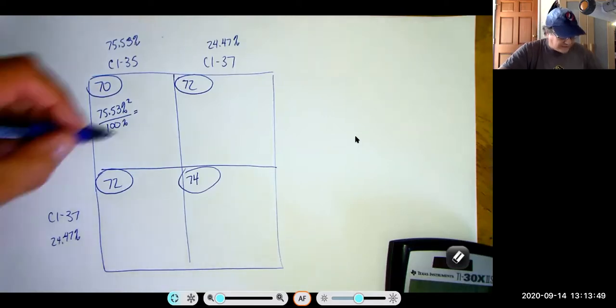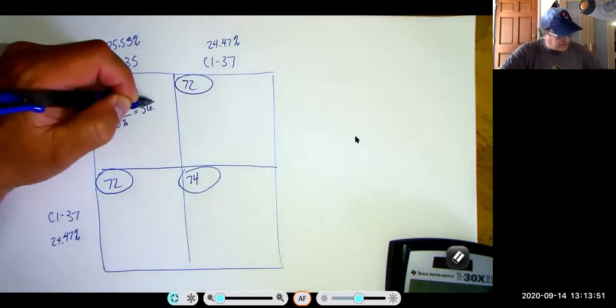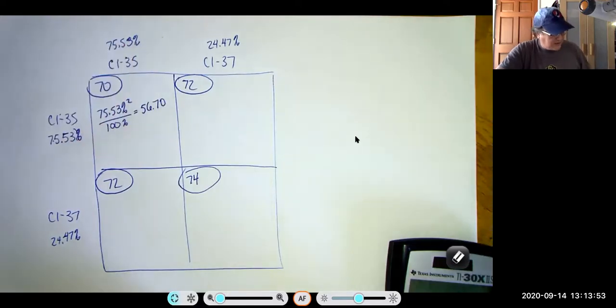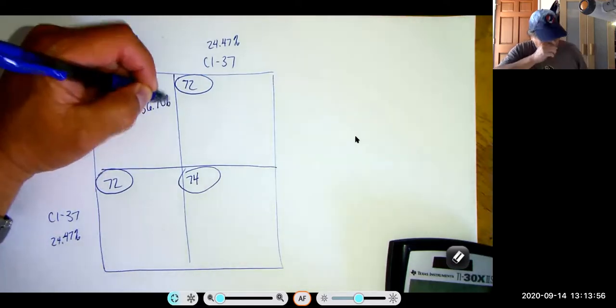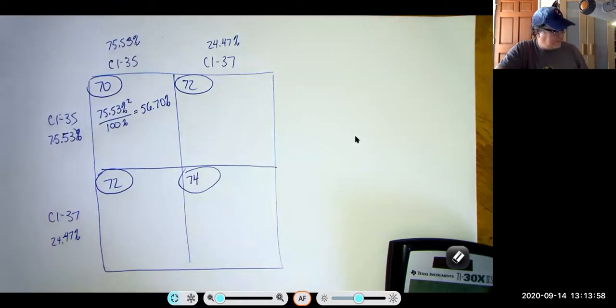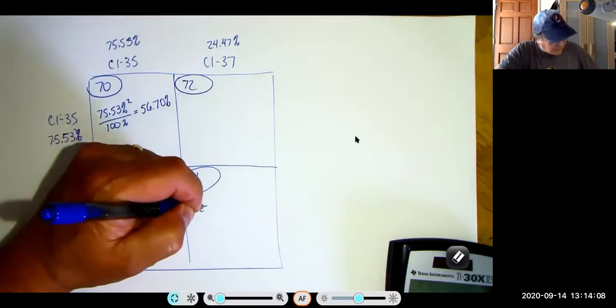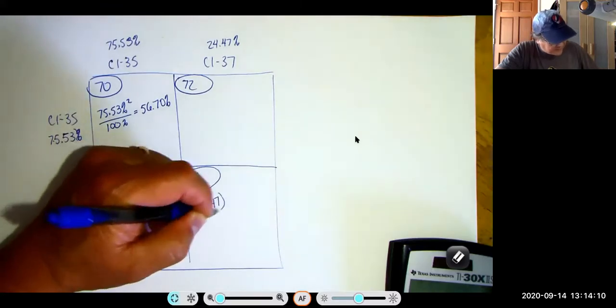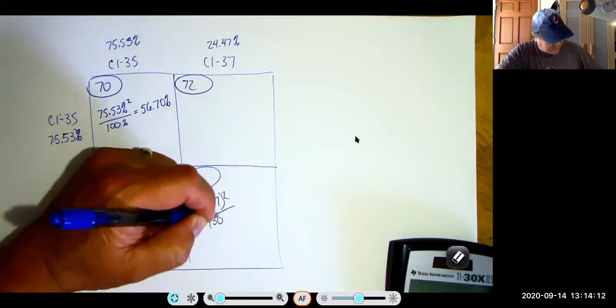Did anyone else get 56.70? This guy is going to be 24.47 squared over 100.